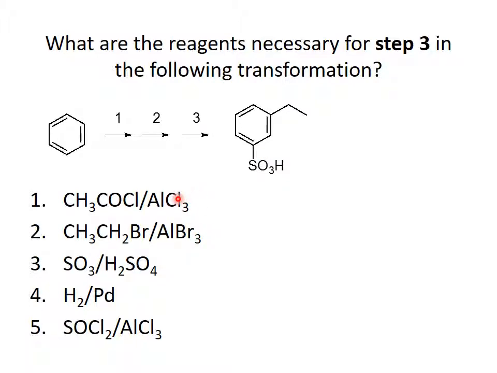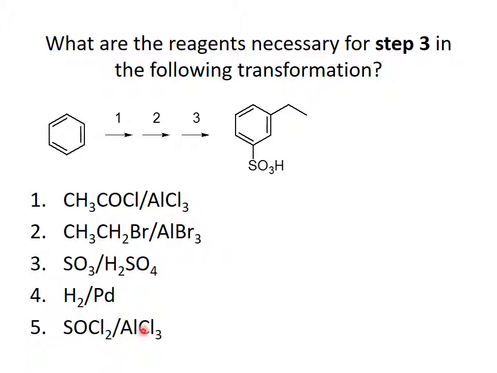It wouldn't allow this to occur either. If I did this last, that would put the ethyl group on there, and then trying to put the sulfonic acid group on would cause it to go to the ortho para position. So you can't put it on meta when you have this group on the ring already.